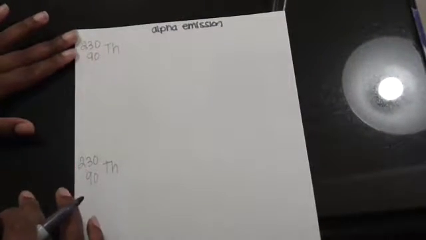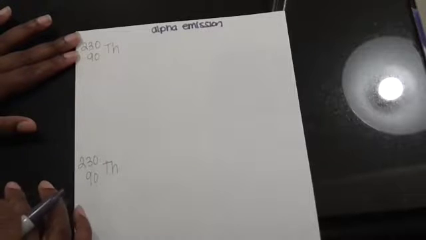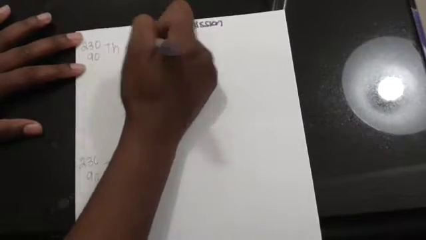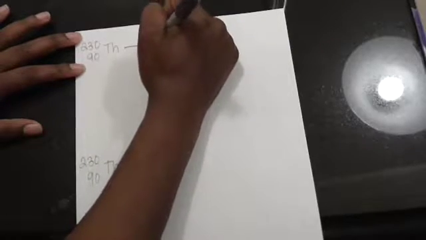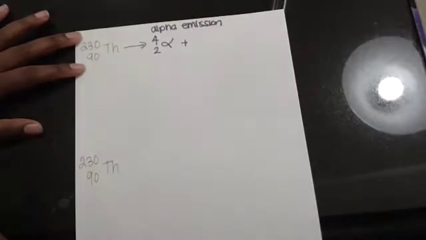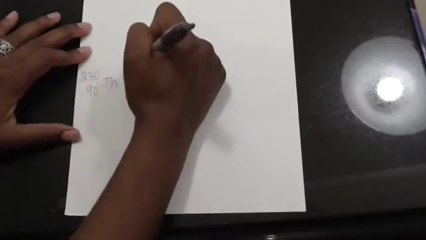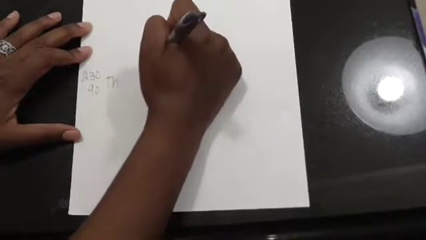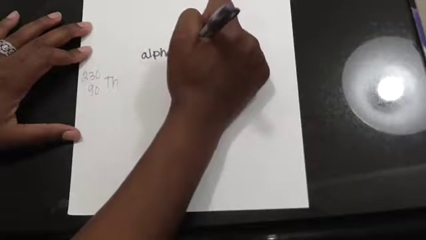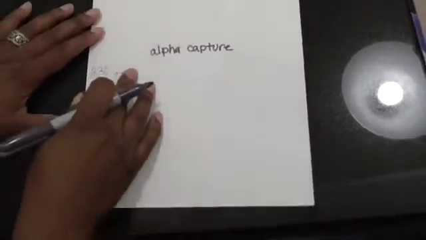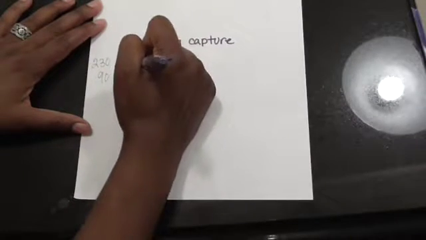So if thorium-230 is undergoing an alpha emission, it will have the alpha particle in the product. Okay? We don't know what else it made yet. We haven't figured that part out. Now, if it is an alpha capture, we're going to have that same alpha particle in the reactant.